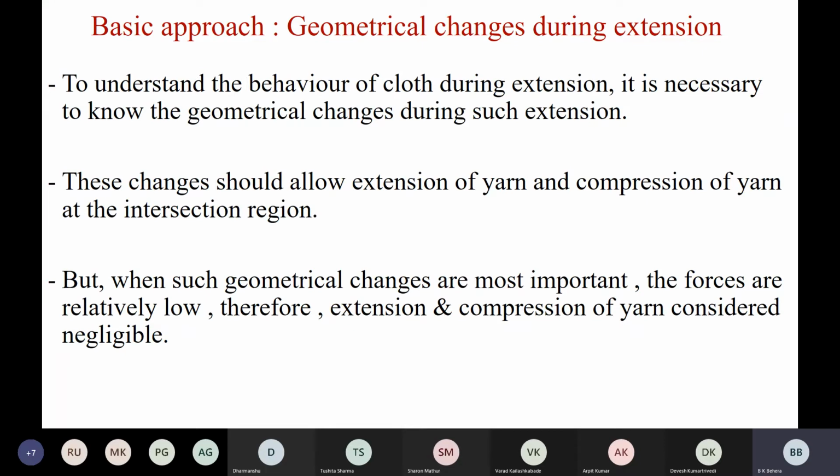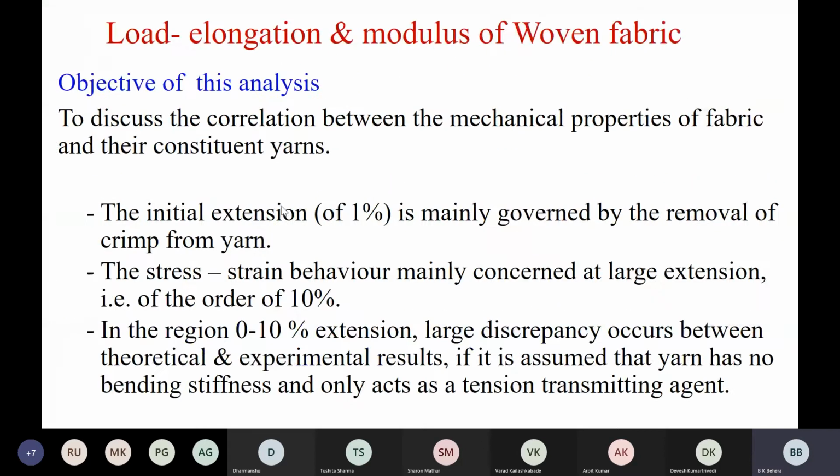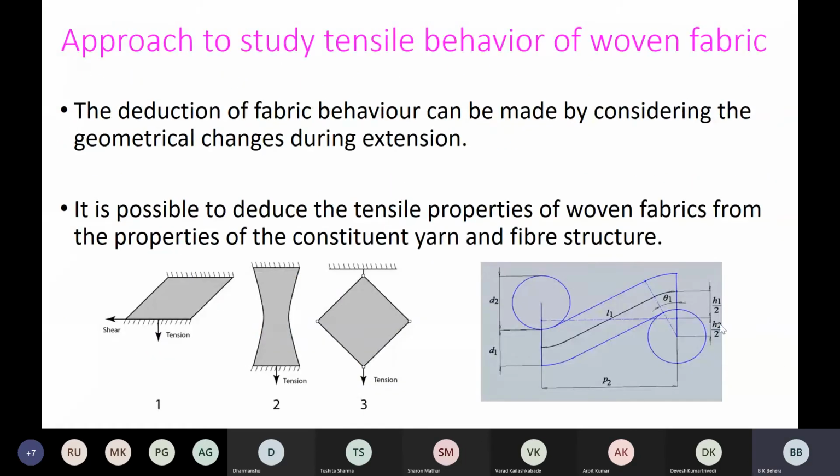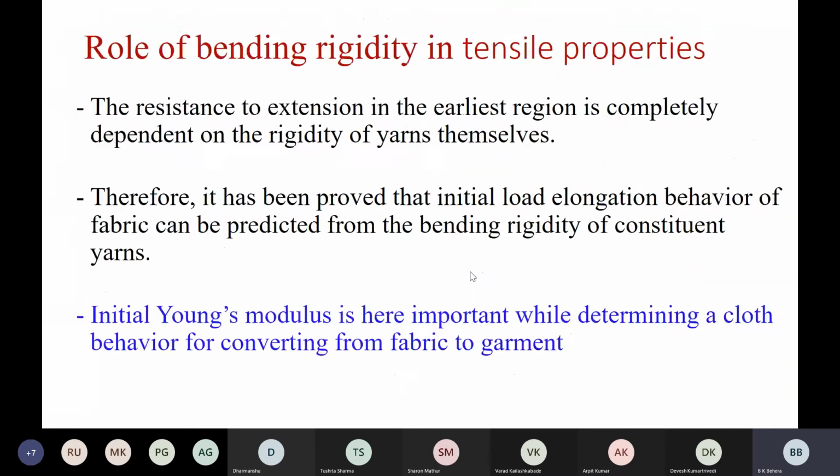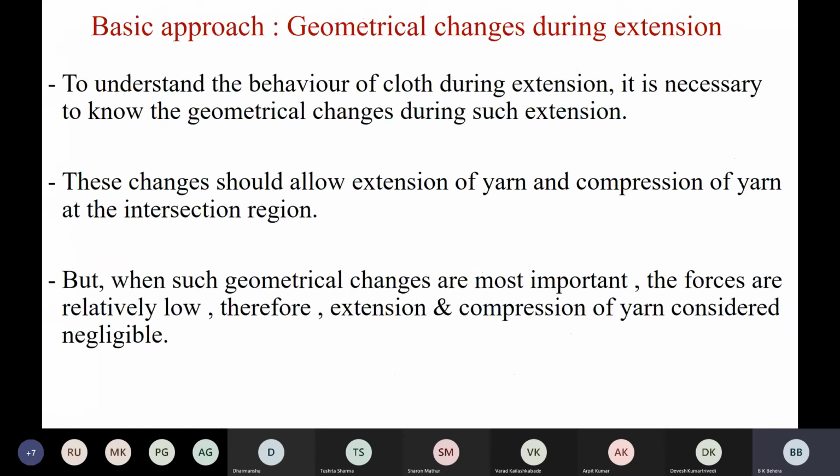Extension means the fabric is subjected to a tensile load. To understand the behavior of cloth during extension, it is necessary to know the geometrical changes during such extension. It means what will happen to the geometry? I have already told you. Geometry means this one. If the fabric is extended, let's say in warp direction, what will happen to all the geometrical parameters? That is where the point is written here.